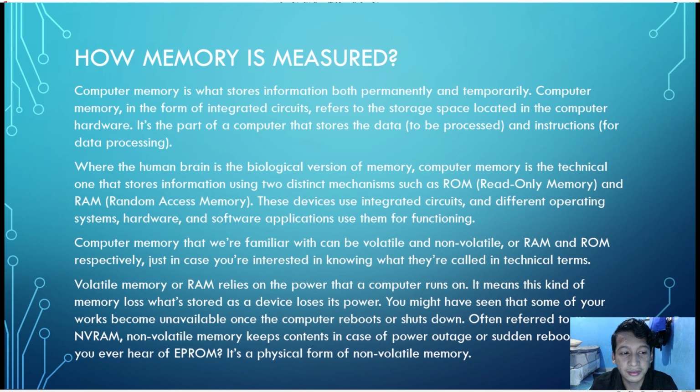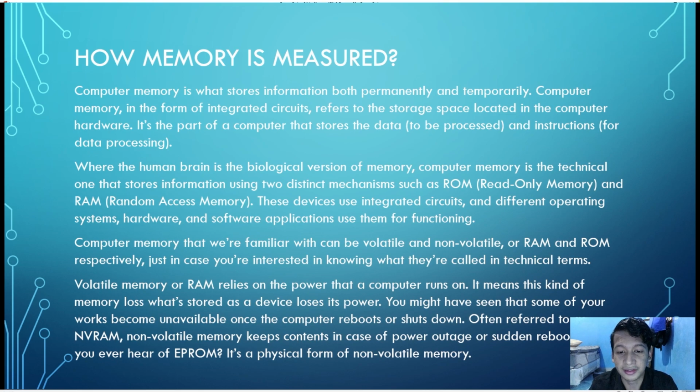Where the human brain is the biological version of memory, computer memory is the technical one that stores information using two distinct mechanisms, such as ROM, read-only memory, and RAM, random access memory.